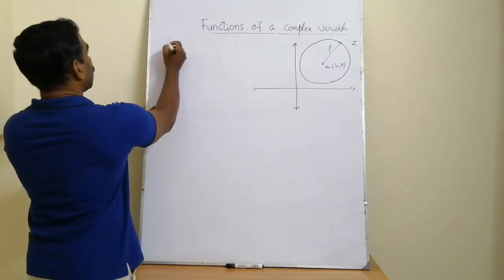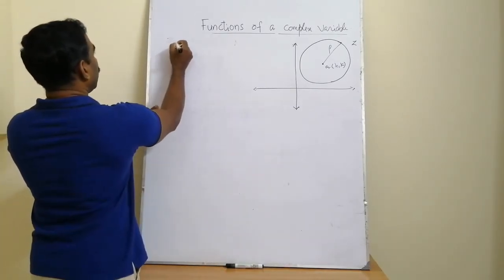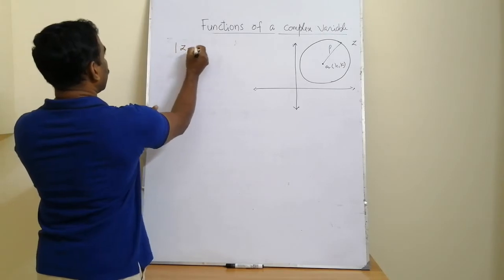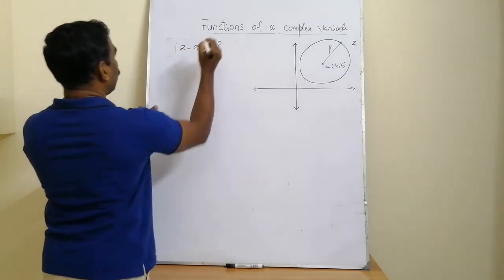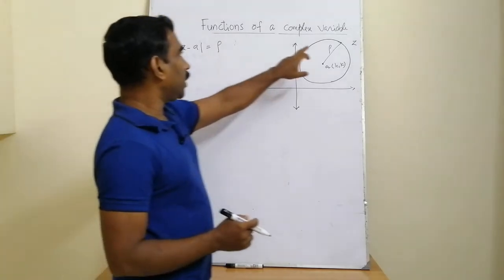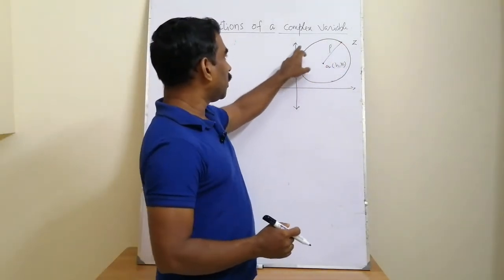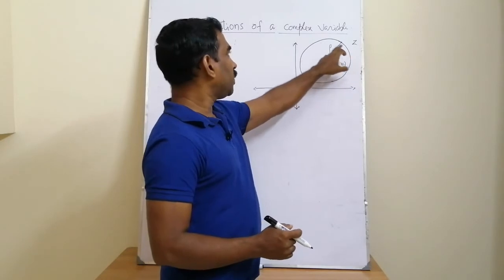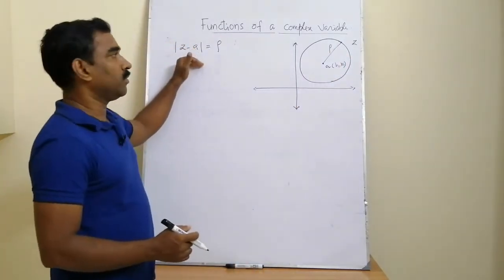So the equation of a circle with the center at a fixed complex number a and having radius rho is given by mod z minus a equal to rho. So this equation always represents the collection of all complex numbers in the complex plane which satisfy this equation.